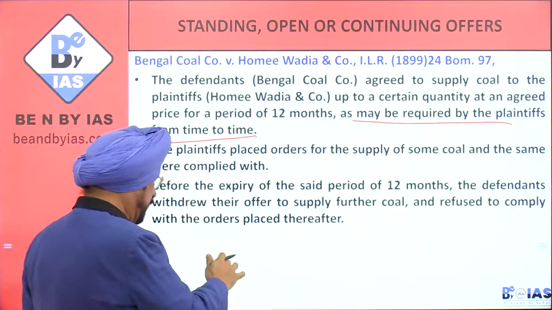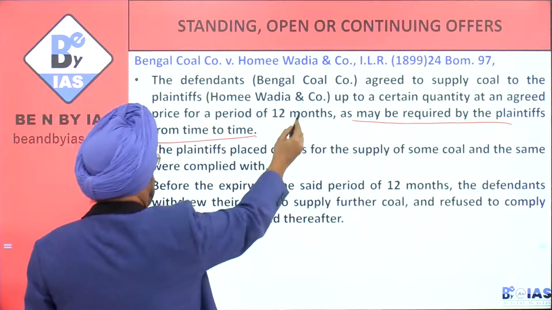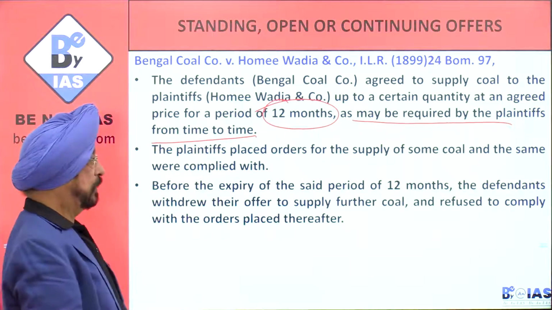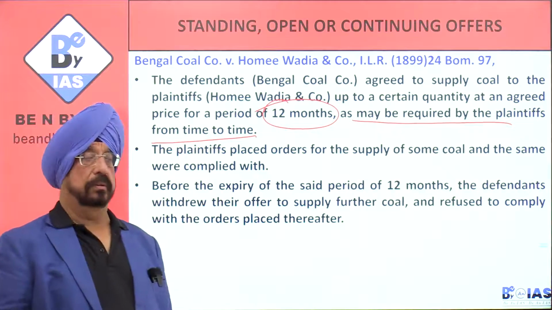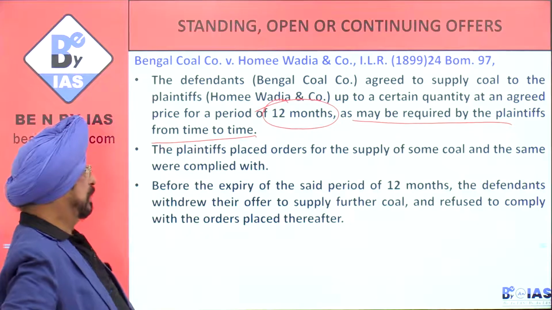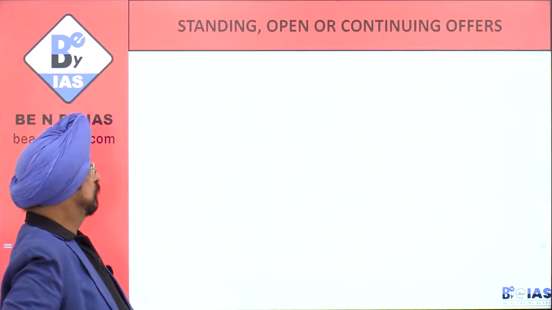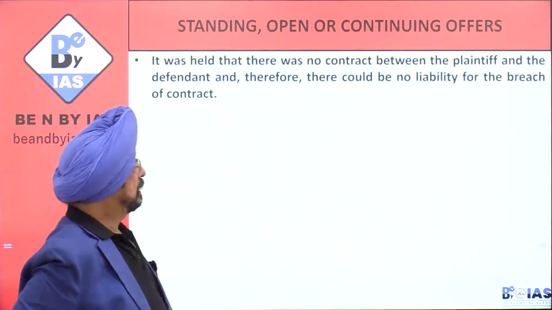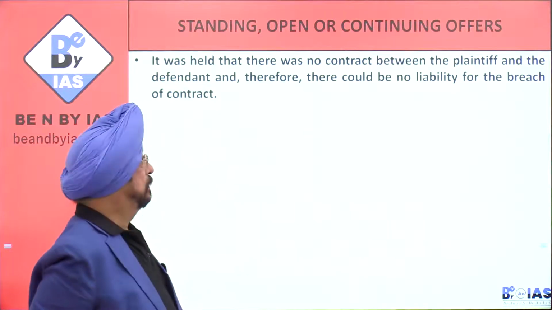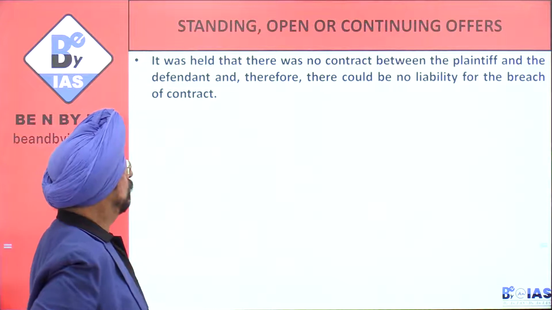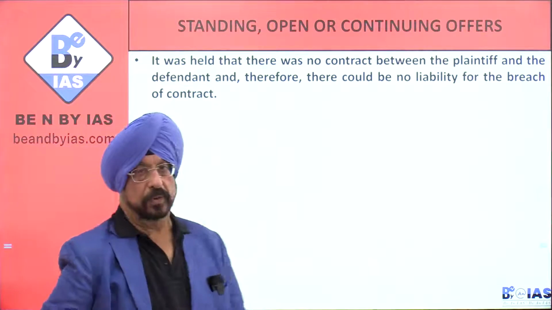Before the expiry of the said period of 12 months, the defendants withdrew their offer to supply further coal and refused to comply with the orders placed thereafter. They were sued for breach. It was held that there was no contract between the plaintiff and the defendant, and therefore there could be no liability for breach of contract.